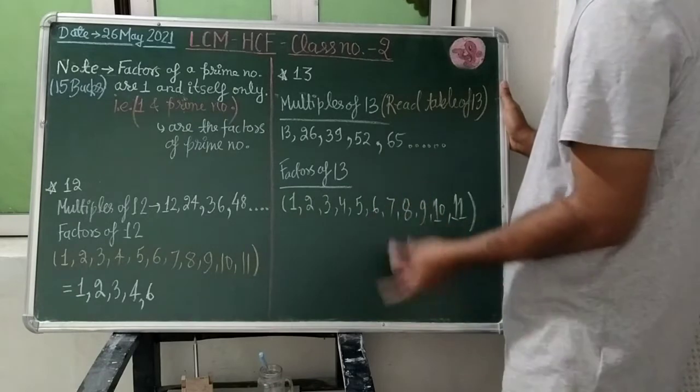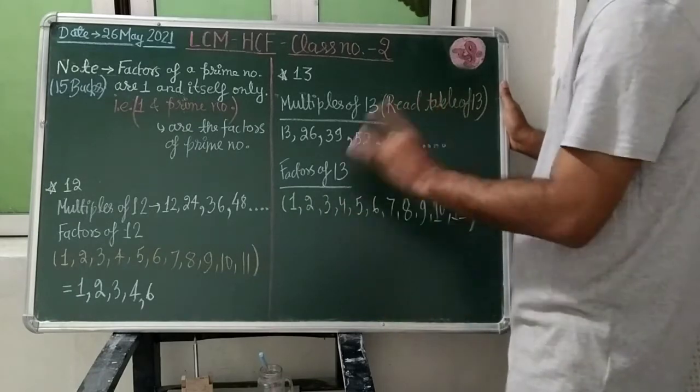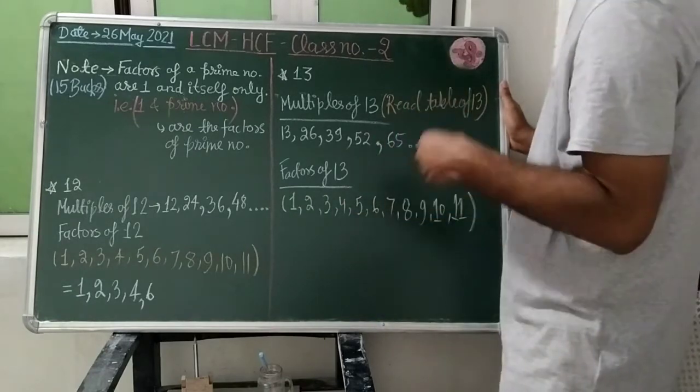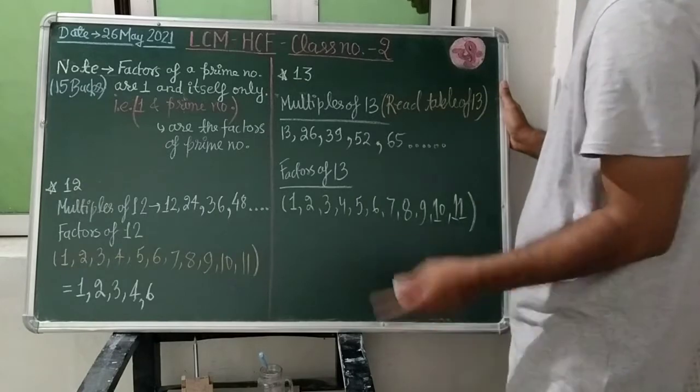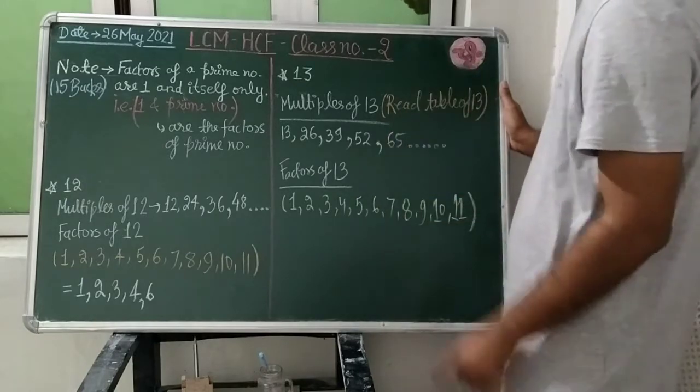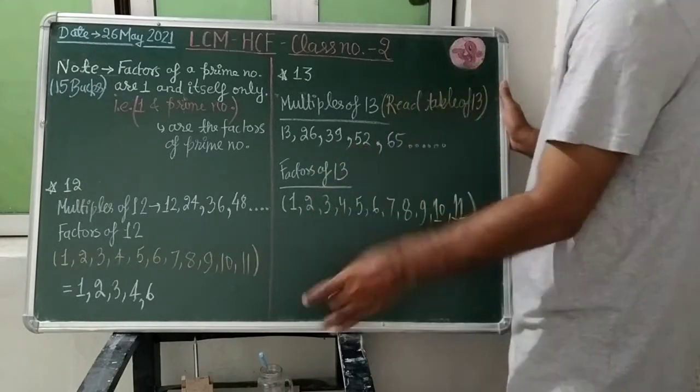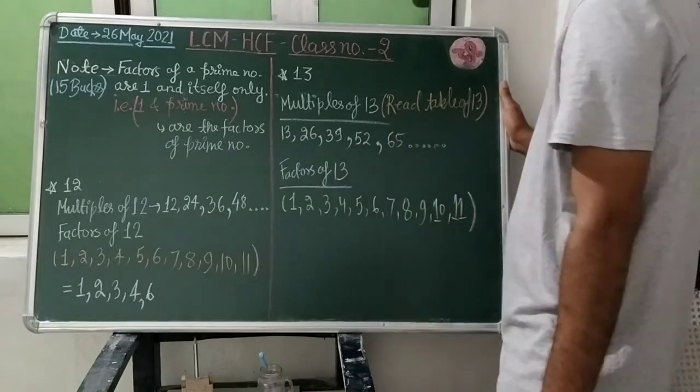So whether 1 will divide the 13, of course all the numbers will be divisible by 1. 1 is going to divide all the numbers, so 1 will be the factor of all the numbers.